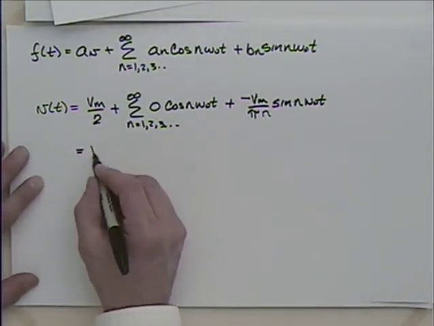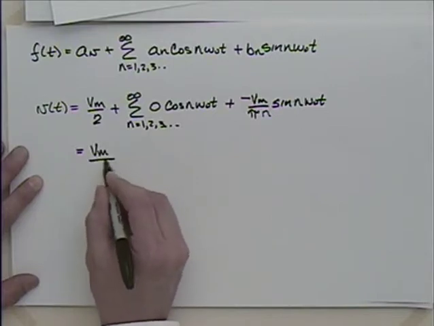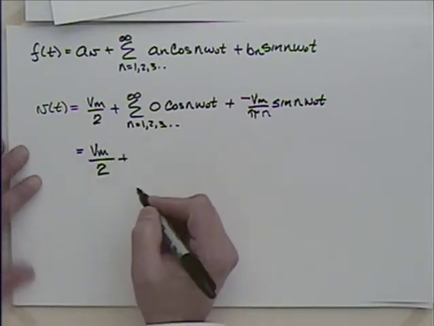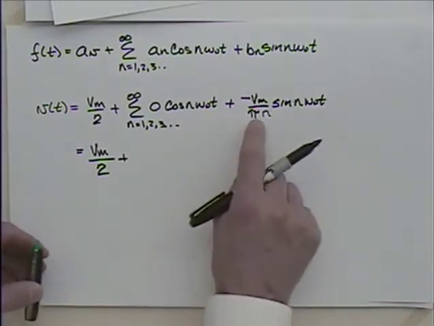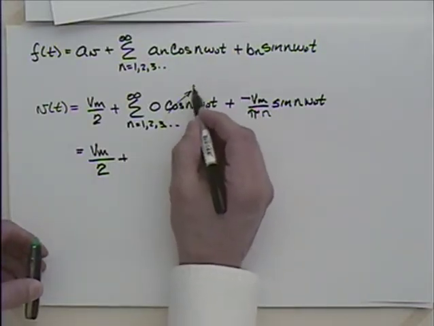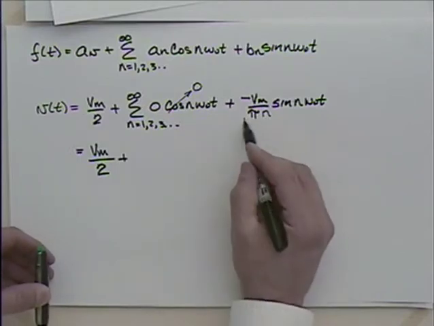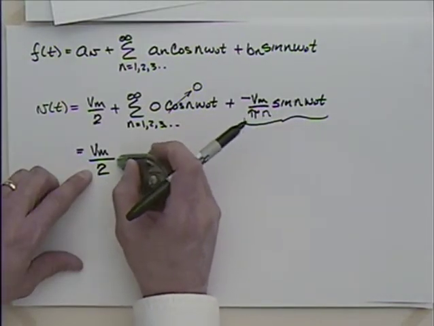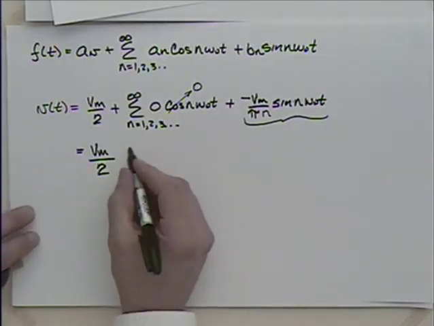So I'll tidy this up a little bit. We could say we have Vm divided by 2 plus, maybe I won't be so hasty on that plus. This term goes to 0, right? So I'm just left with this term here, so I think I'll factor a few things out. First thing I'll factor out is a negative sign.